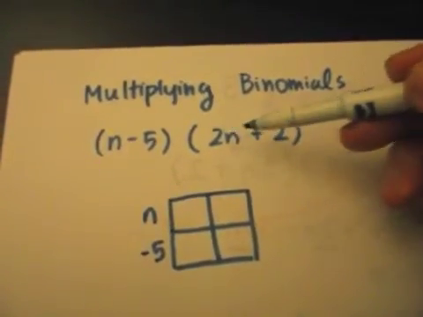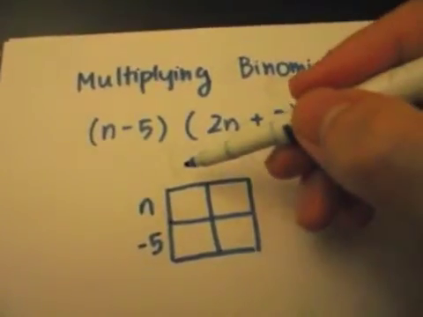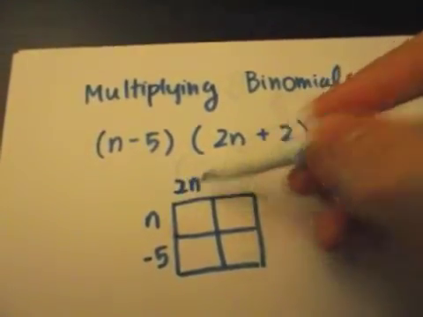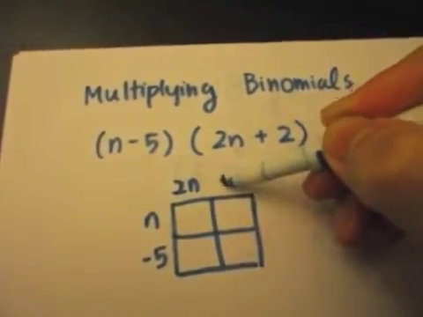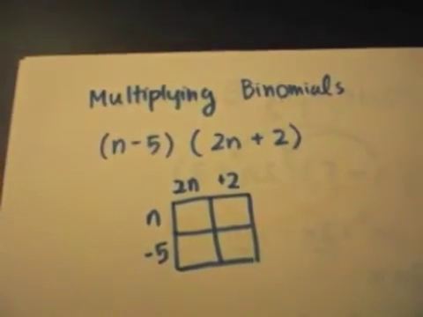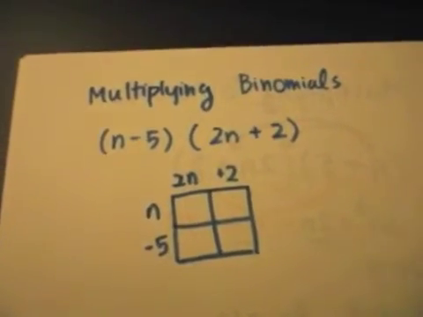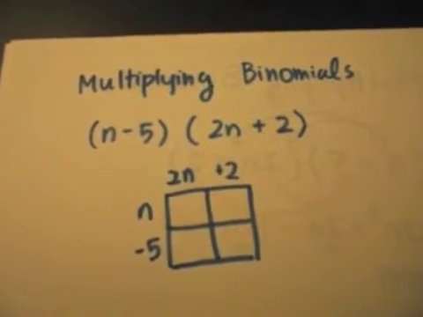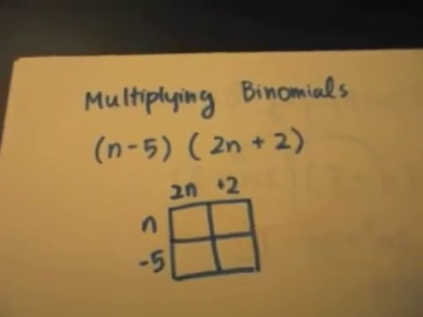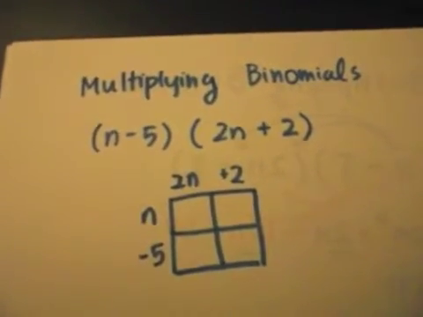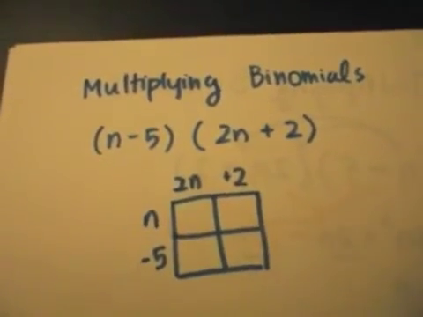The 2n plus 2, those 2 terms will go right on top. And what we have here is a multiplication table. If you remember your lessons in biology, this is kind of like a Punnett square.